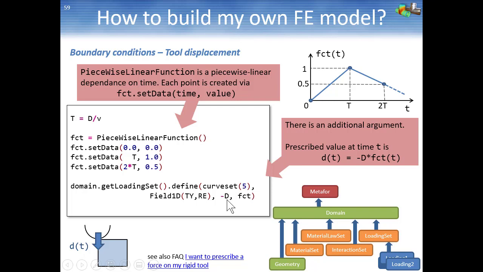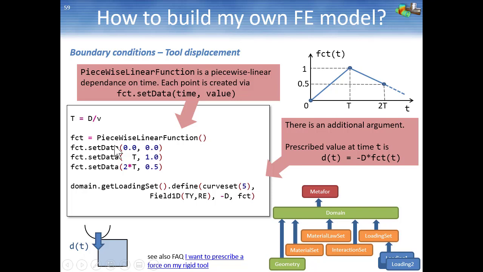And when you move something, so when it's not 0, the final displacement is the product of these two factors. So you have a scalar, which is here minus d. D is just a variable, times a function. And this function translates the dependency as a function of time.